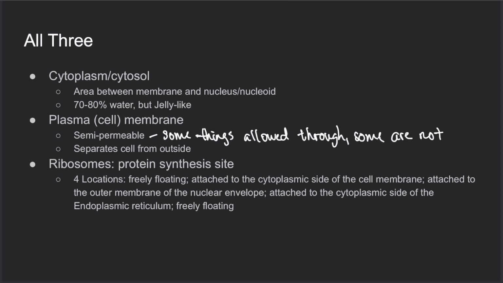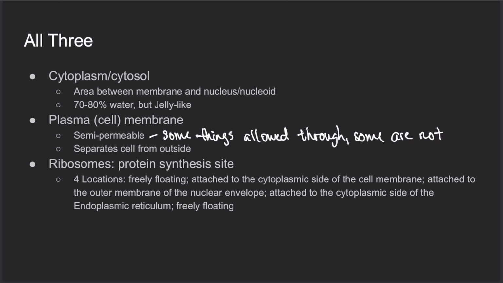Permeable means to pass through. Semi means not quite, so it's not quite able to pass through, meaning that some substances can easily go right through, some things cannot, some things require assistance. That's why we use the term semi-permeable, and that'll come into play once again when we talk about metabolism and when we talk about cell membranes.